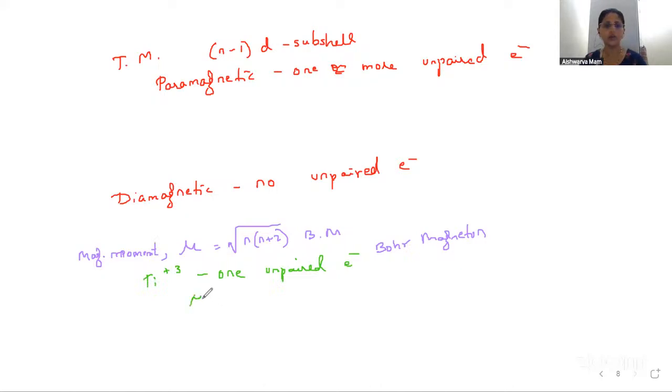So how do we calculate mu? Root of n(n+2), where n is the number of unpaired electrons. 1 into 1 plus 2, that is 3. So root of 3, its value is 1.73 Bohr magneton. This is the magnetic moment shown by titanium. So it is paramagnetic and shows a magnetic moment of 1.73.